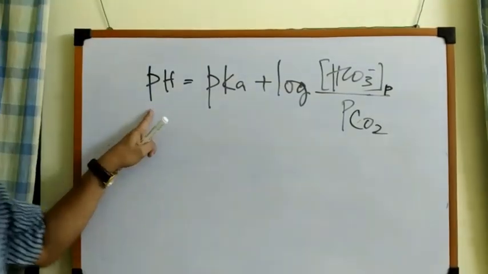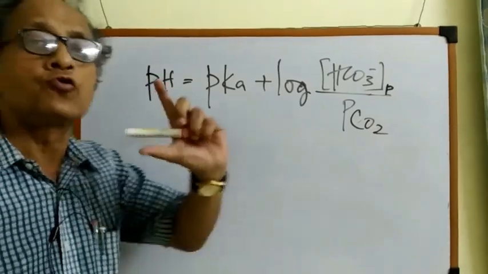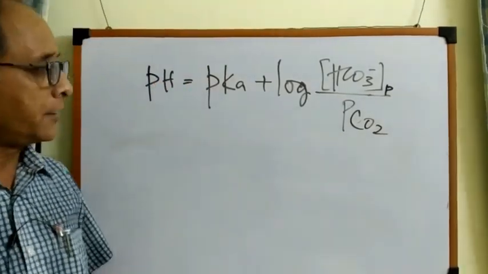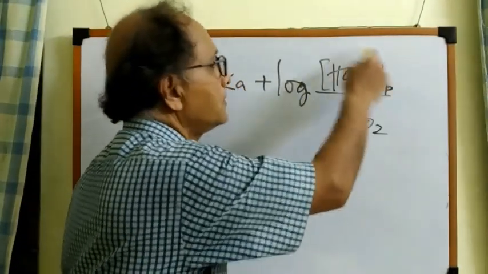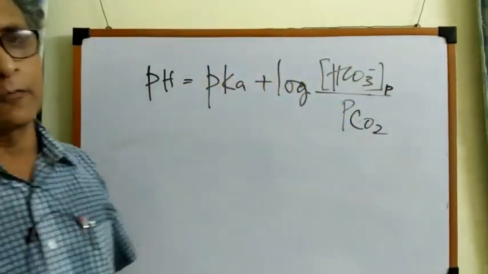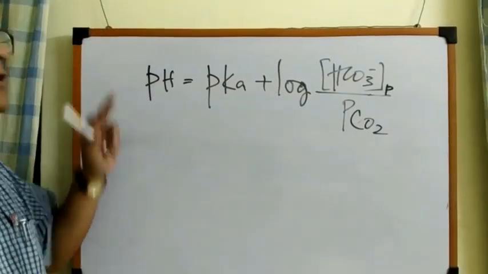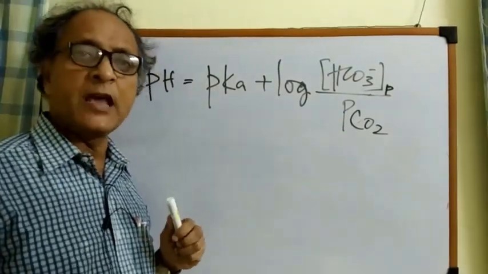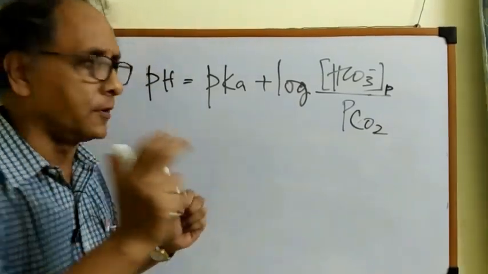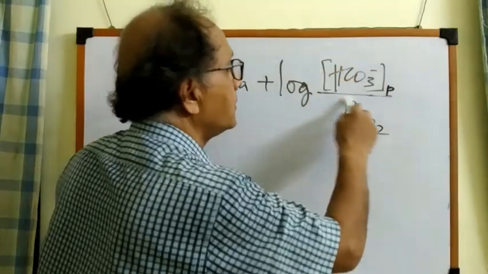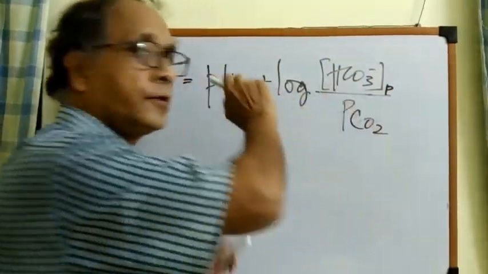Conversely, when pH is increased, it can be due to either an increase in plasma bicarbonate concentration or a decrease in PCO2.